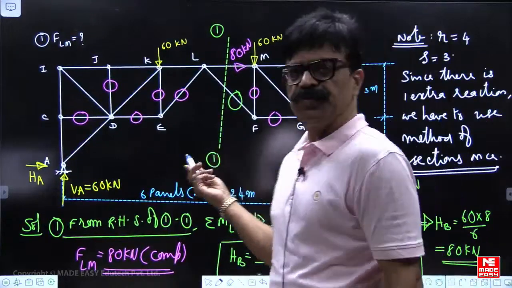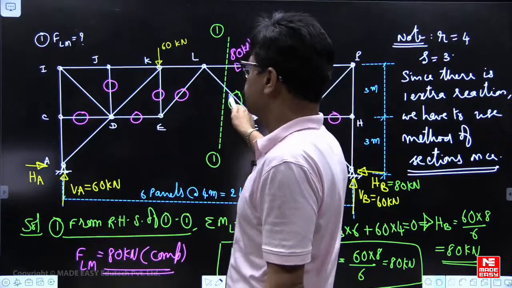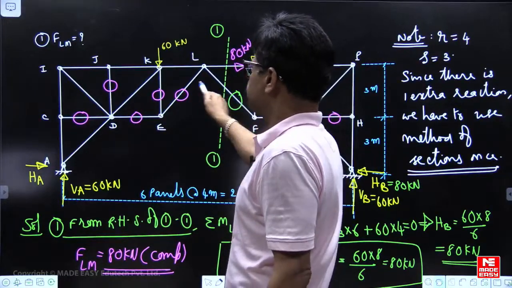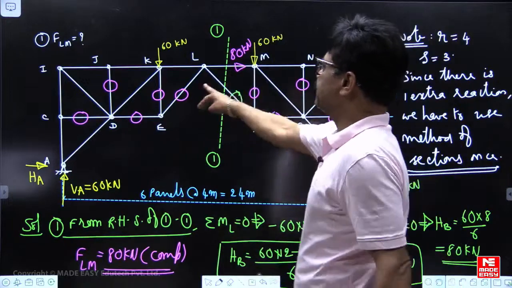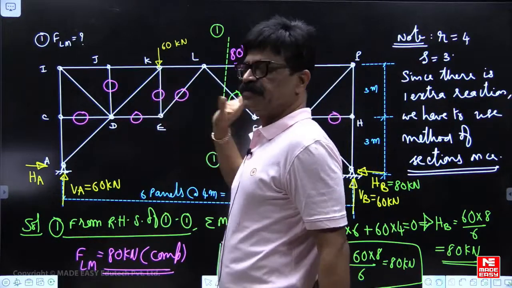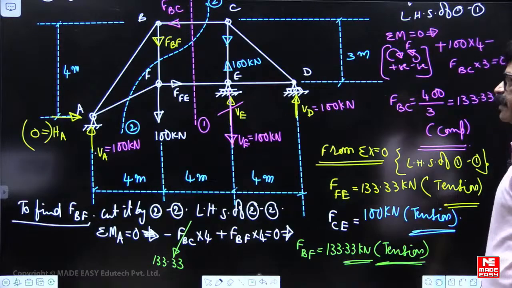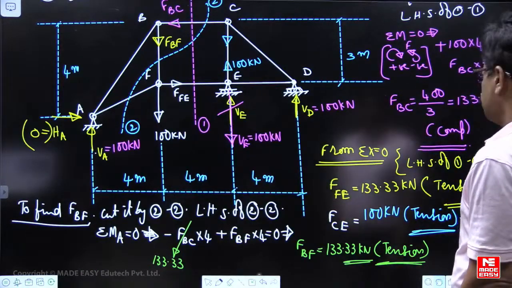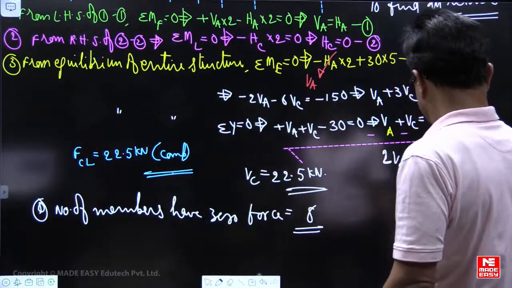Either they can ask you what are the members which have 0 force, slightly difficult then for that question, because first you have to detect these two are 0. Means after detecting them they are 0, this is how these things will come. Okay, this is also we have completed. This all discussions we have made.